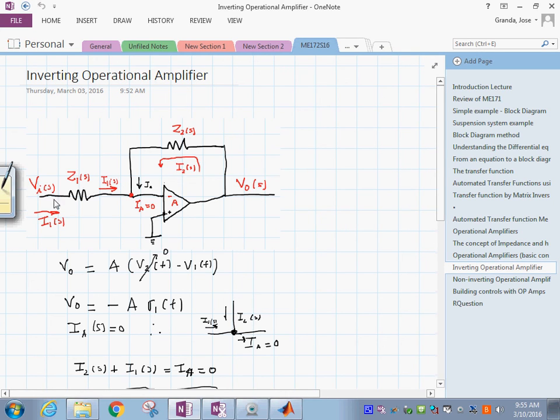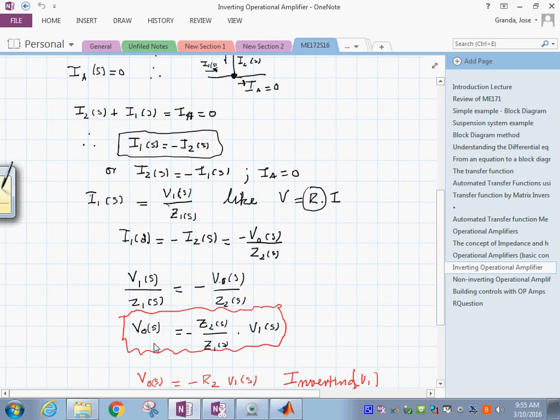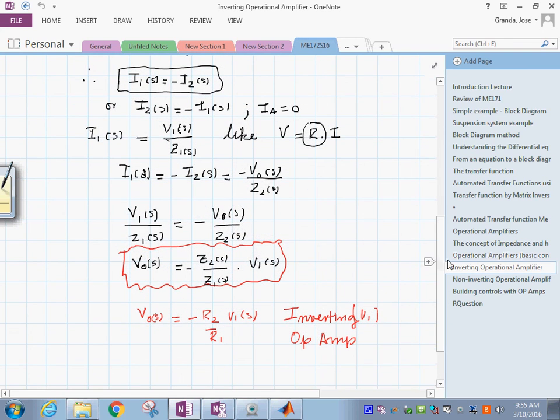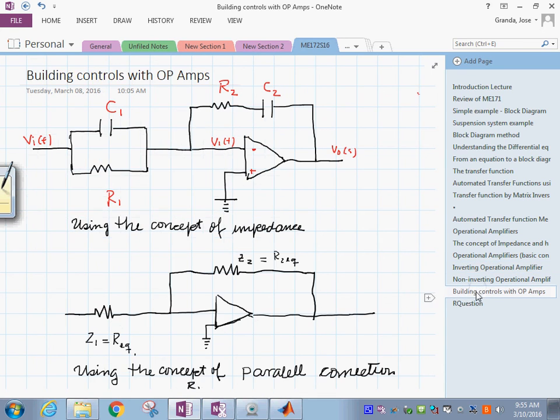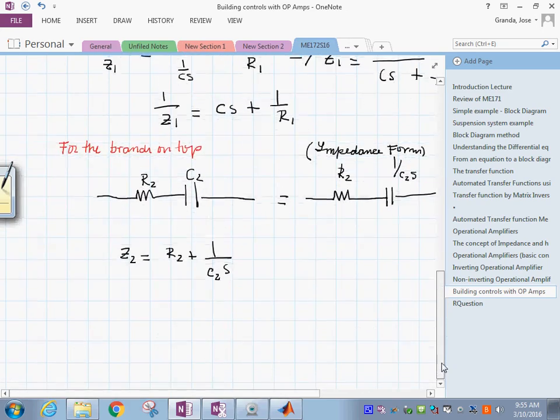So this circuit that we have in front of here is exactly what we have right now. You see it here? This is exactly what it is. So if that is true, let me just put here V out and then V in, so that you see it now. This is the inverting operational amplifier.